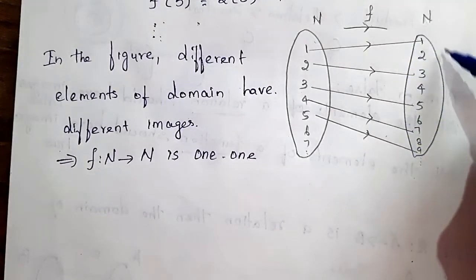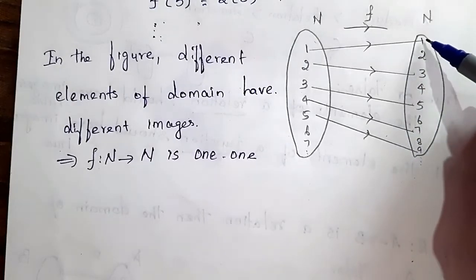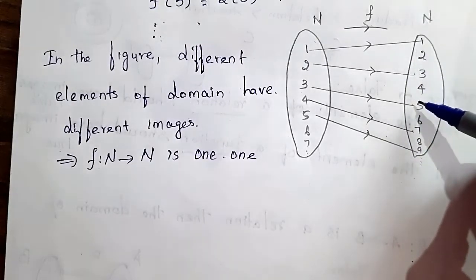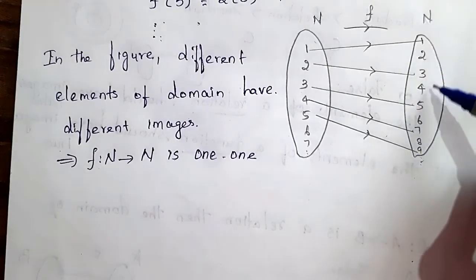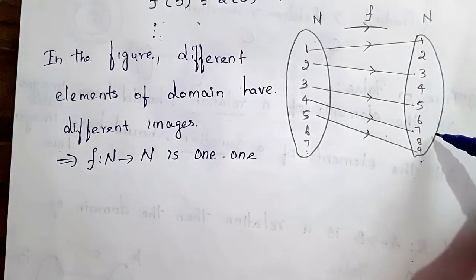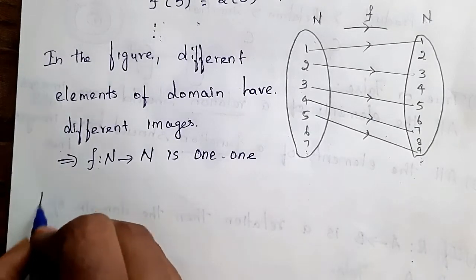You know this is the codomain. Range means the connected numbers. So here 1 is connected, 3 is connected, 5 is connected, 7 is connected, 9 is connected. But some are missing. Look. So definitely the range is not equal to the codomain. So it is not an onto function.